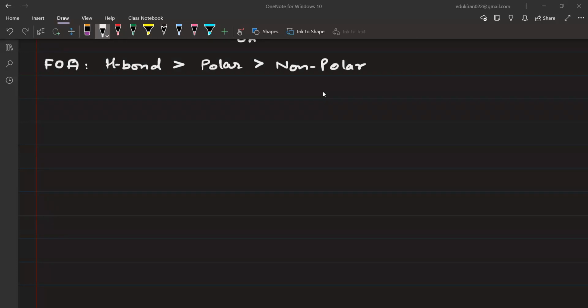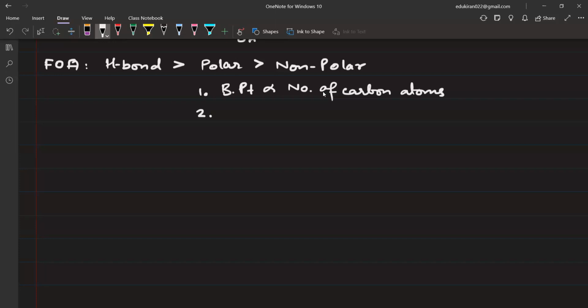Now, after you have seen a functional group, then what you need to see? Number one is carbon atoms. If all the functional groups are same, then you will see first of all the number of carbon atoms. Now, if the number of carbon atoms are also same, then you will check whether the molar mass is greater or smaller. For example, let us suppose you have fluorine and bromine.